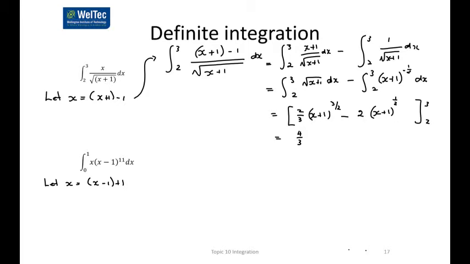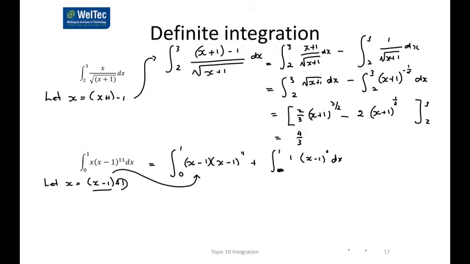So now our integral becomes, still between 1 and 0, x minus 1 times x minus 1 to the power of 11, plus the integral between 1 and 0 of 1 times x minus 1 to the power of 11. So I've split it up. There's my first term going into there, and there's the second part of that that's going into there.